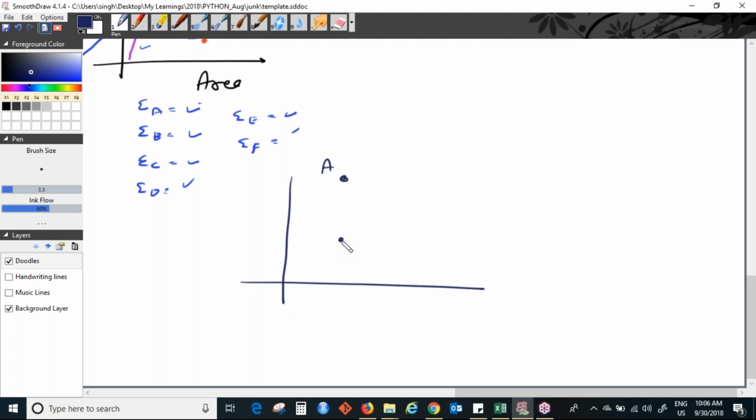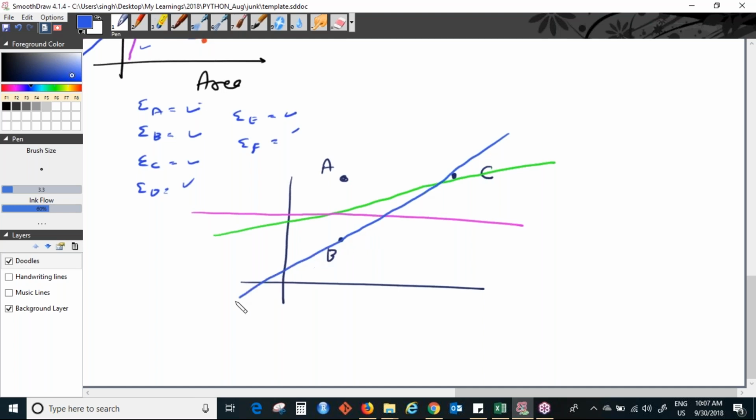Let's say this is point A, this is point B, and this is point C. This is line number 1, this is line 2, and let's say this is line 3.